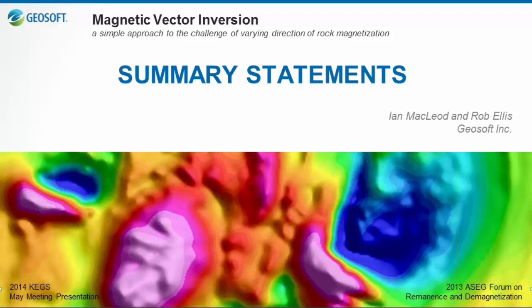I guess in regions like Brazil, I favor reduction to the equator rather than the pole, much smaller transformation. And I think I would have been helped if you'd shown the total magnetic intensity profiles and the transform, the RTP, for those examples from Brazil.